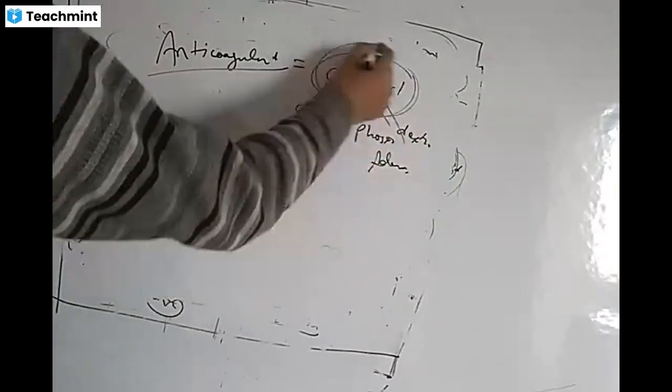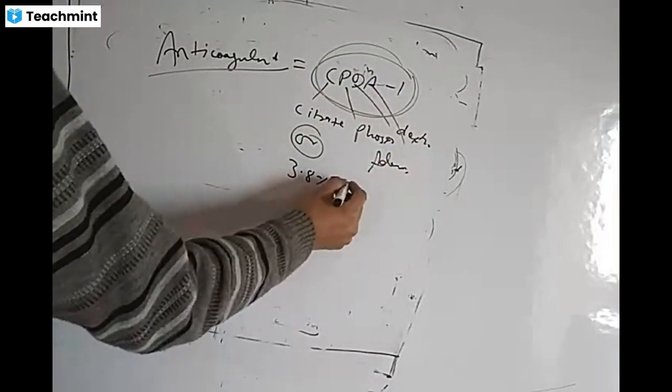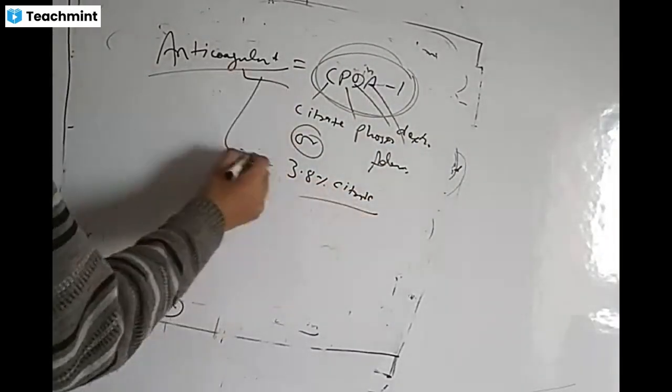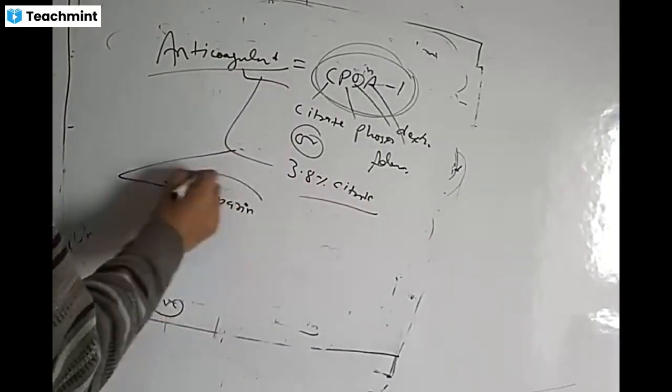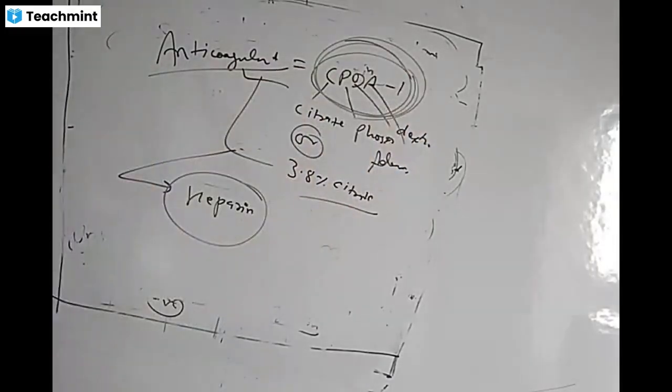This we use, or we can use 3.8% citrate. Or in case of immediate transfusion, we can use heparin also. But the preferred one is CPDA1. This is preferred for cat and dog.